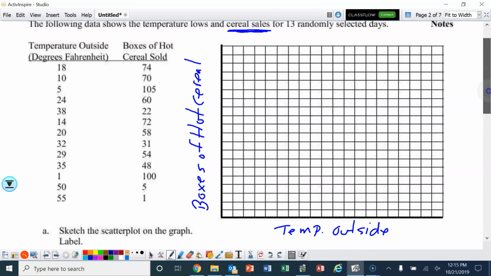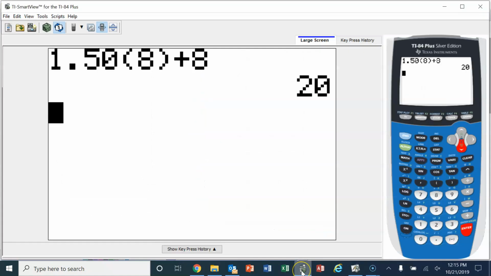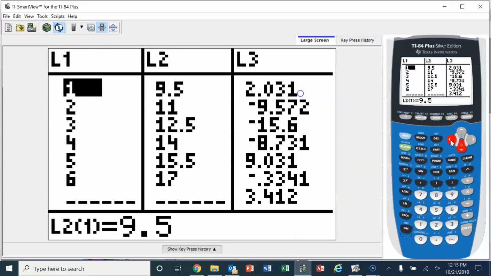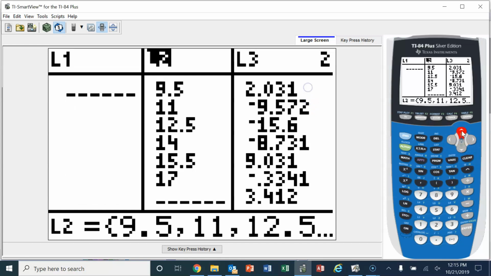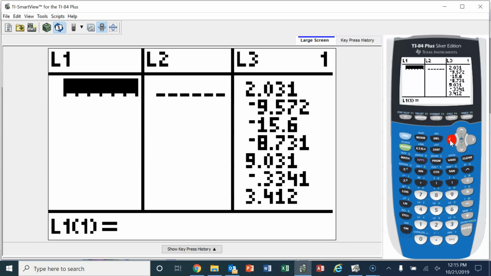So the first thing we're going to need to do is type these numbers into the calculator. All right, I've got to type them in myself, so here we go. Stat edit. Again, go to the top, clear. Go to the top, clear. All right. Okay, I'm going to use my keyboard to type these in quick.